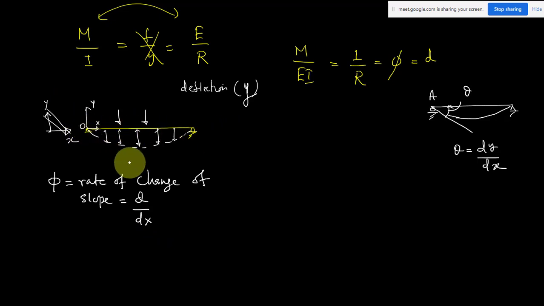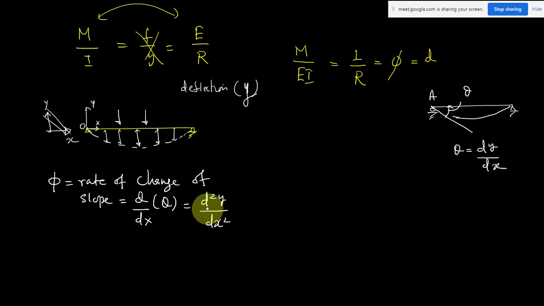So d theta by dx is the curvature. Since theta equals dy by dx, I can write curvature equal to d square y by dx square.